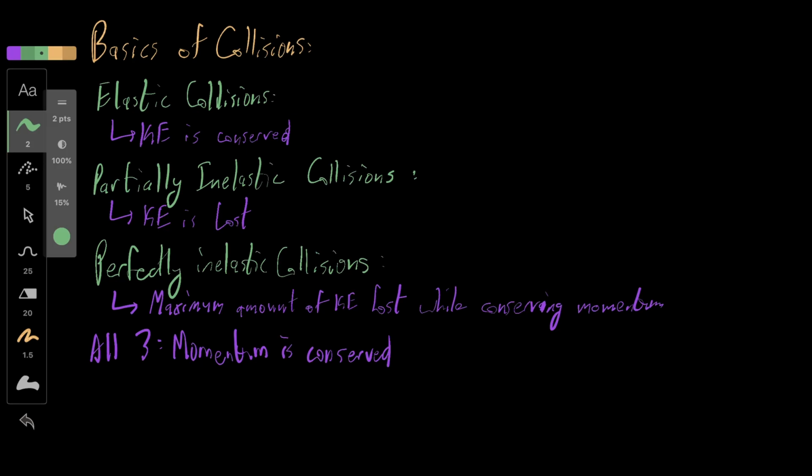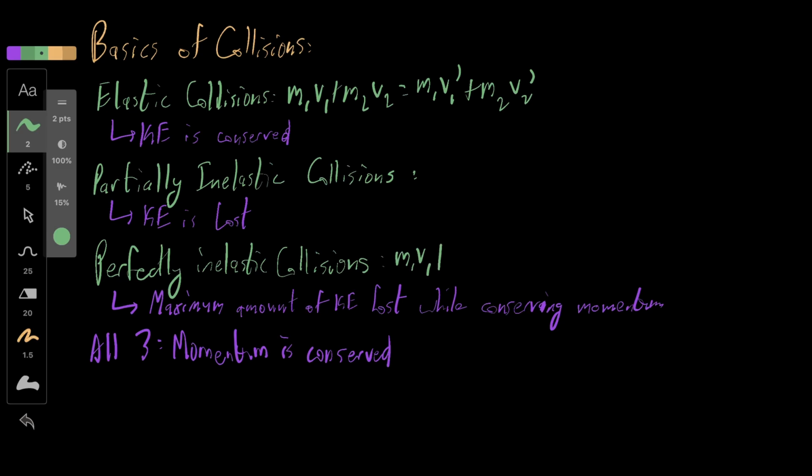Now, let's talk about formulas to calculate momentum and velocity before and after. Now, elastic collisions is just the standard conservation of momentum, where you just have the very simple law over here. For perfectly inelastic collisions, the maximum amount of kinetic energy lost while conserving momentum actually comes when the two objects stick together.